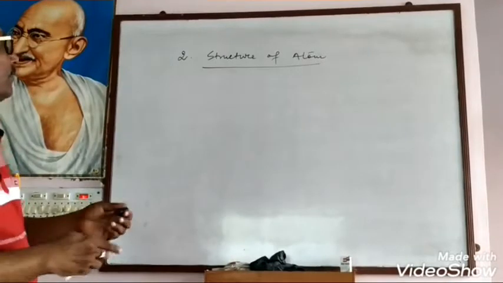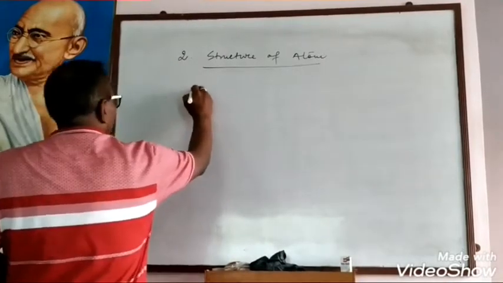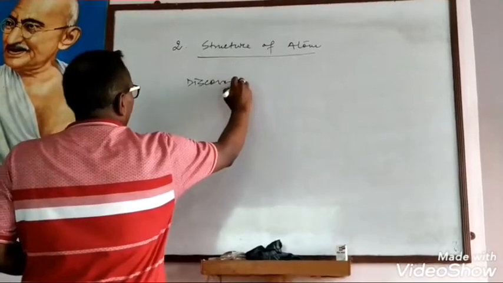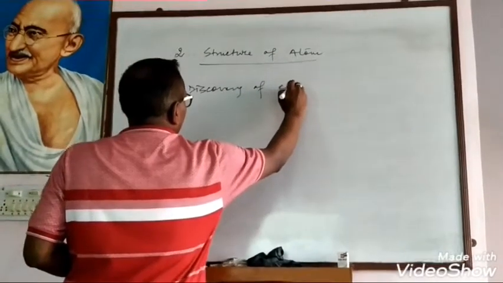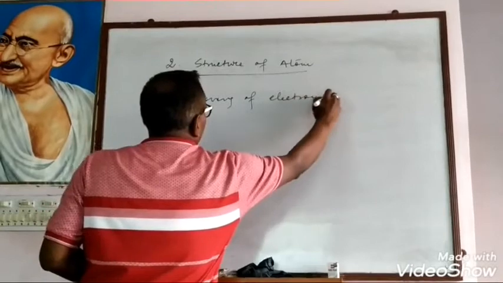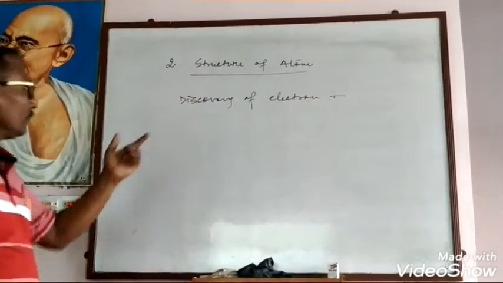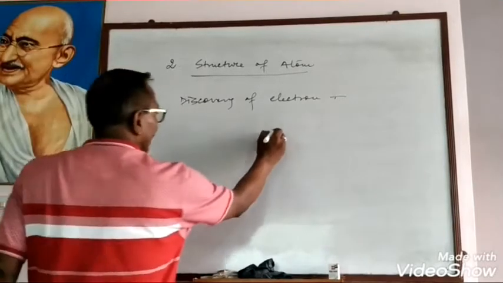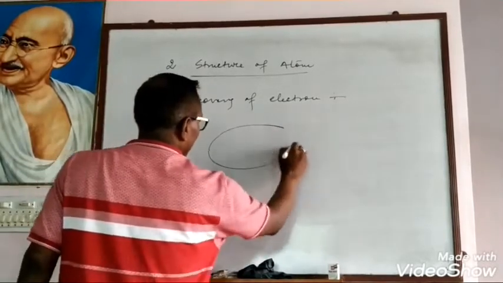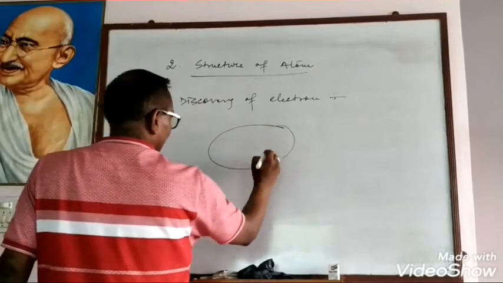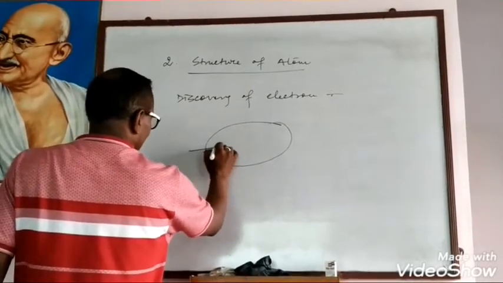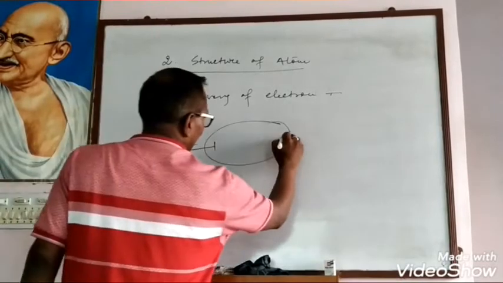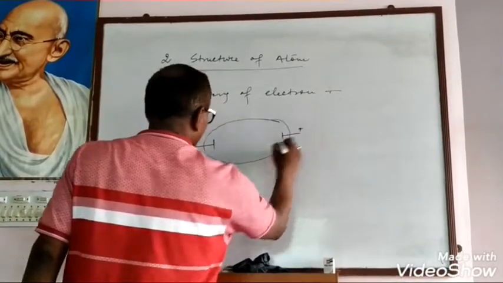In brief, discovery of electron. The experiment was carried out in a discharge tube, which is made up of glass. Here is cathode. Here is anode.